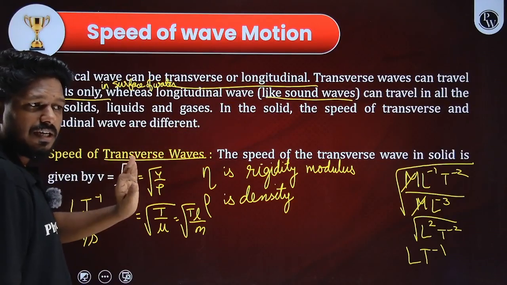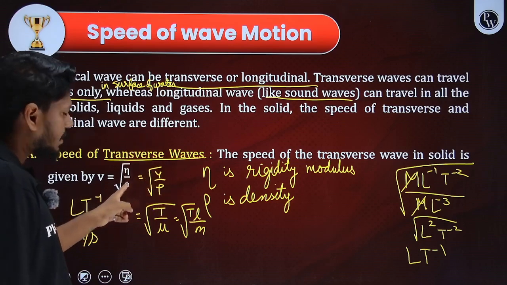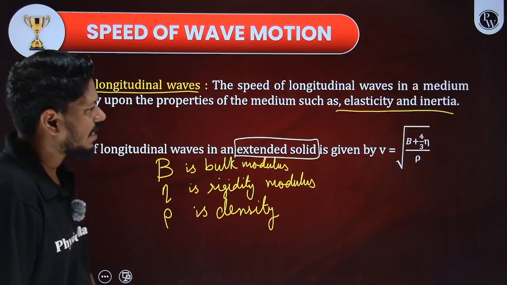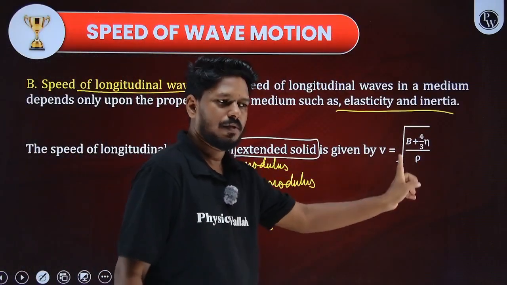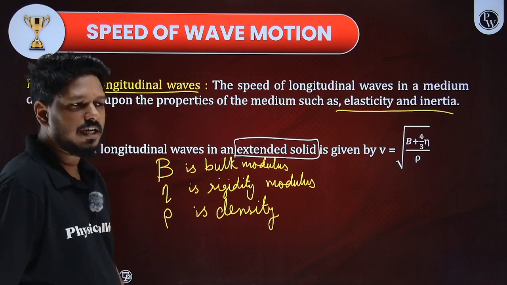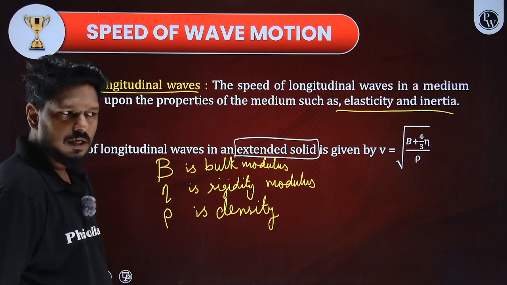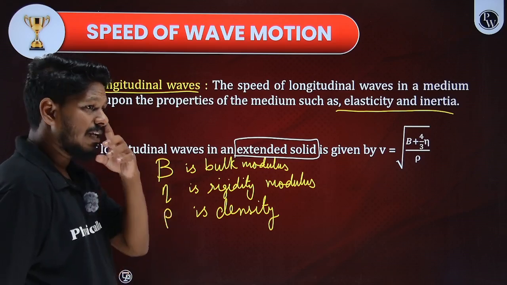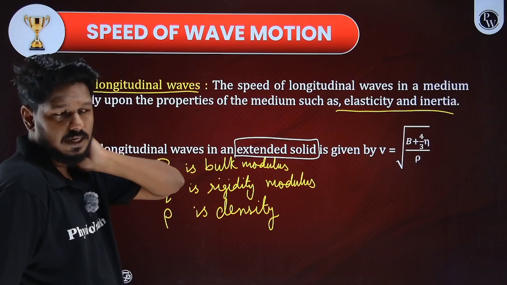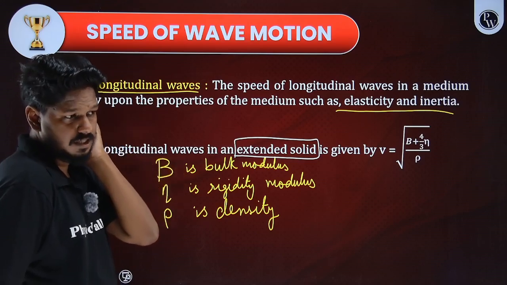So in transverse wave, we have eta divided by rho, but in longitudinal wave, we have some extra term, B plus 4 by 3 times eta divided by rho. Therefore we can tell that longitudinal wave travels faster, correct? Longitudinal wave will travel faster.